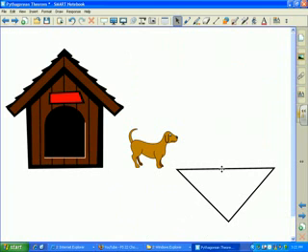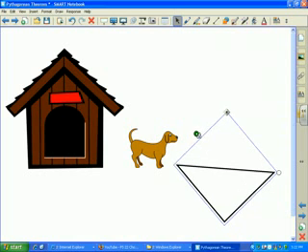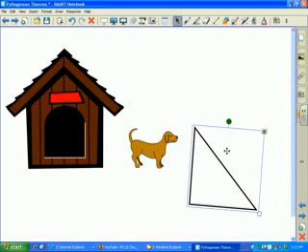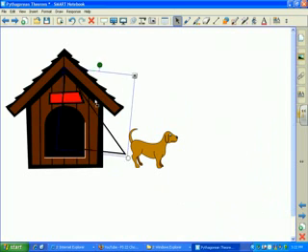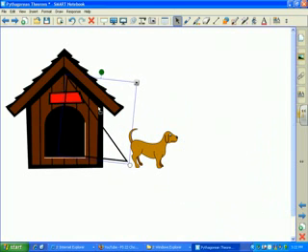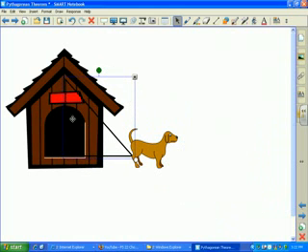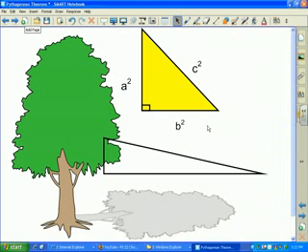So the student has to figure out that you have to split the bottom of the doghouse in half, otherwise it's not going to work. Okay, I had to color my triangle there. So you have to realize that this base of the doghouse, the length of that one side, is only half of that.